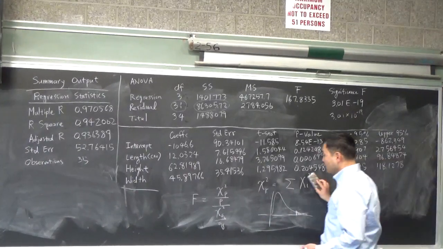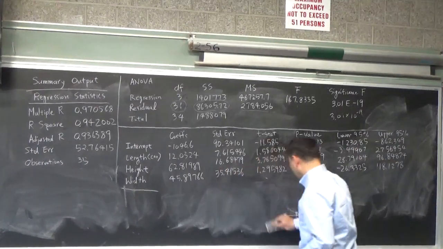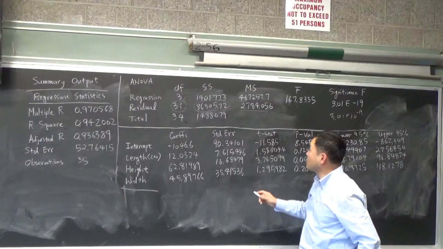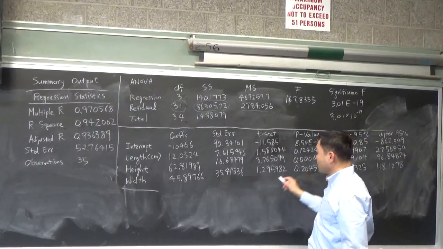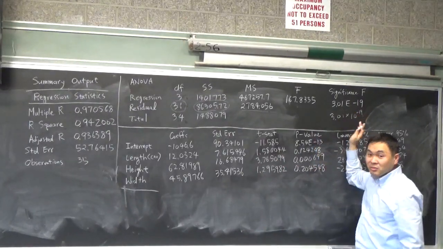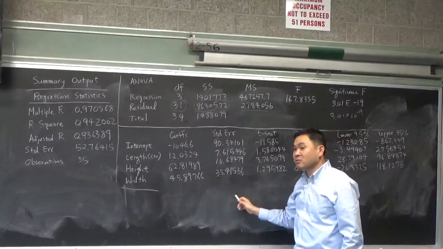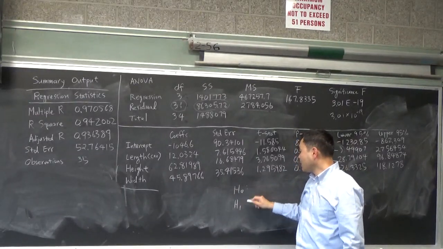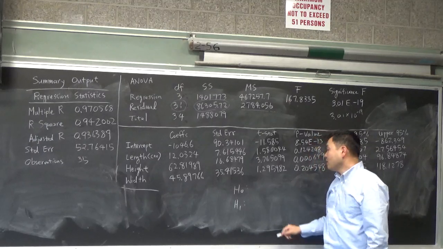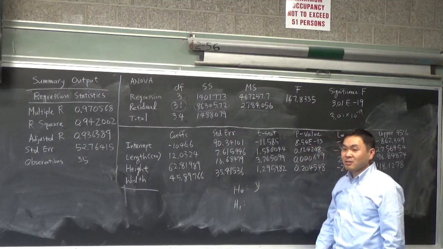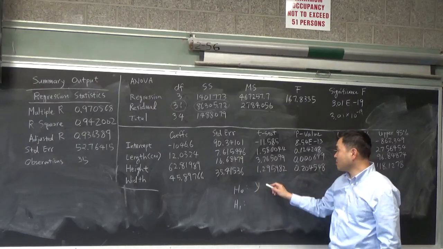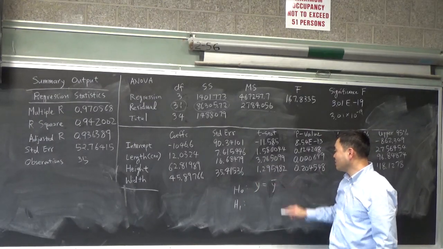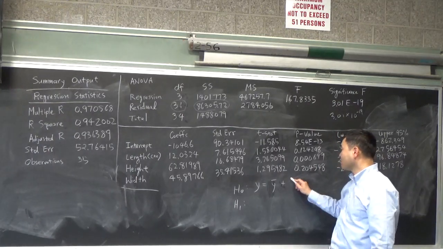So let me try to explain again what this value is. This value is like a hypothesis test. In the hypothesis test, we have the H0 and H1, right? And H0 is like saying, oh, the weight has nothing to do with these things. It's just some average quantity, y bar, plus some error. That's all it is.